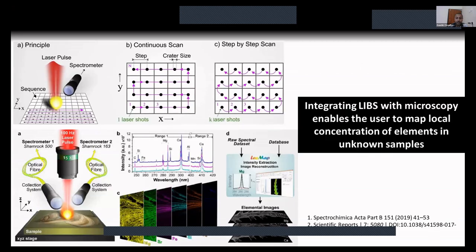So this has been used. These are some of the recent papers that were published, where different unknown samples were scanned using LIBS, and their compositional maps were made. So you can see that if you have an unknown sample, you can exactly find out the local concentration variation.